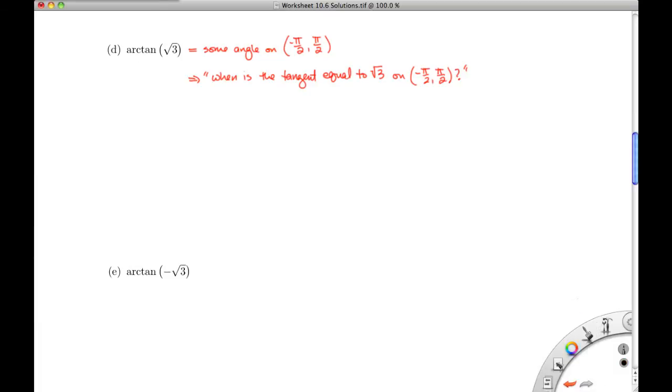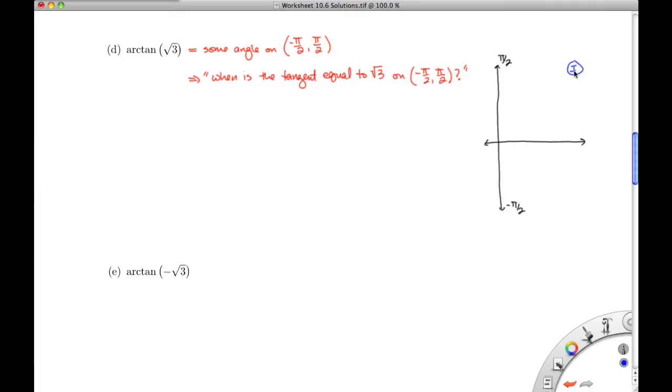So if we sketch the first and the fourth quadrants like we did with the arc sine. So here's pi over 2, which we can't use, and minus pi over 2, which we can't use. Well, think about this. The tangent is positive in terms of these two quadrants. It's going to be positive in the first quadrant. So we can at least look there.